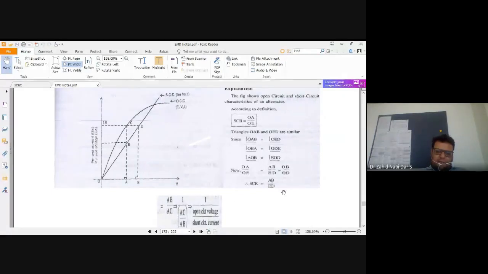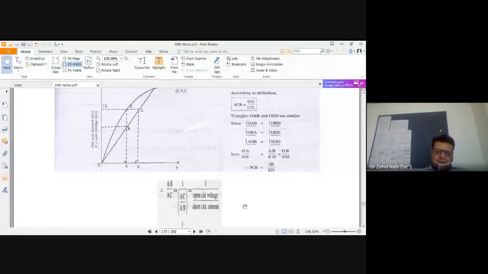Again you get AB by AC. Now the AB value, you know, is current, and the AC value is voltage. So you can write I by V, which will come as Y.